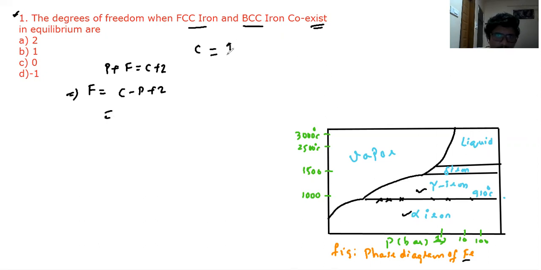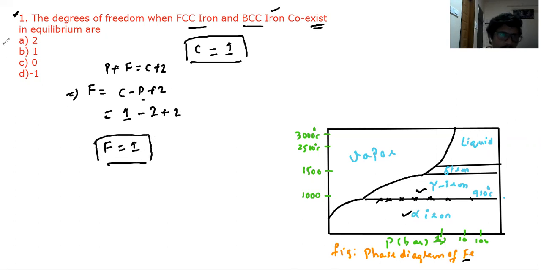The number of components is 1 as we are considering iron as the only component. The number of phases along this boundary line where alpha iron and gamma iron coexist is 2. So F is 1 minus 2 plus 2, so the degrees of freedom comes as 1. So option B is the correct answer.